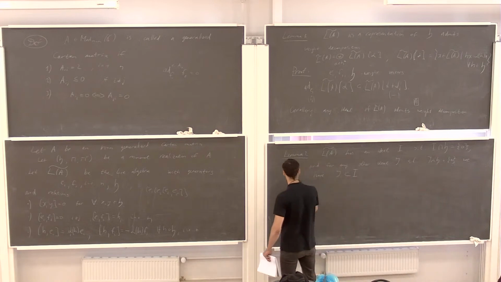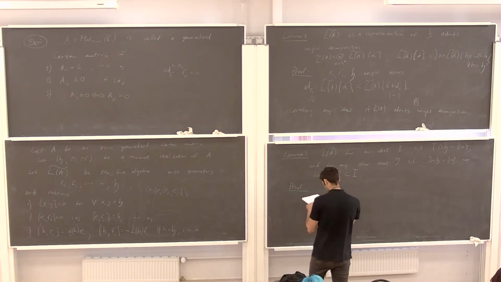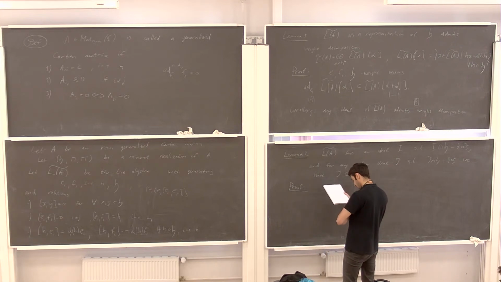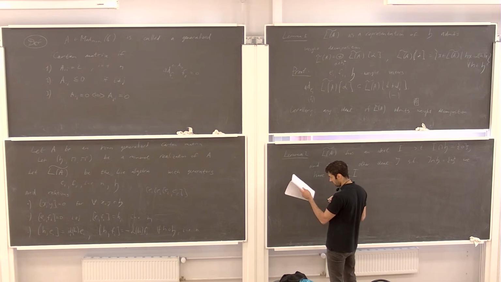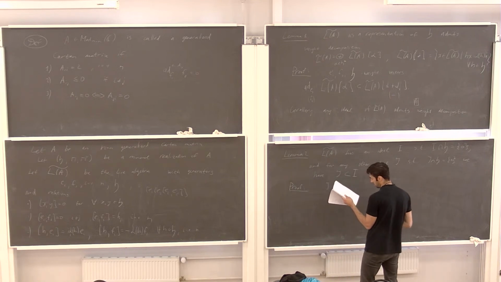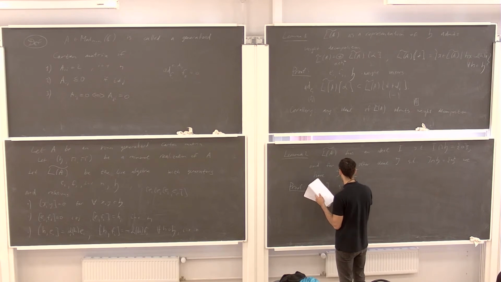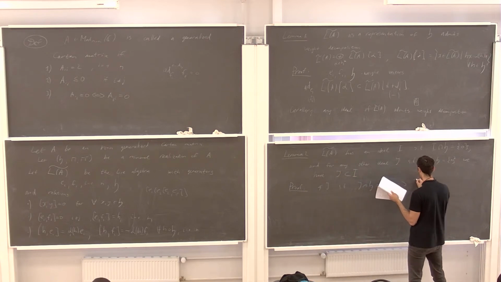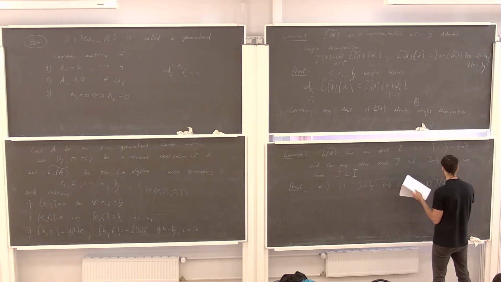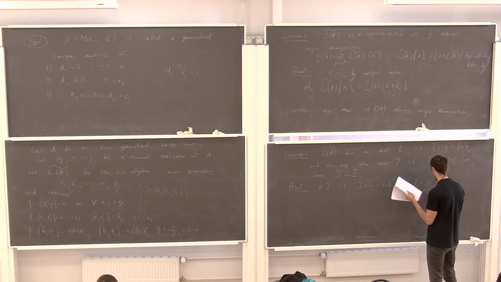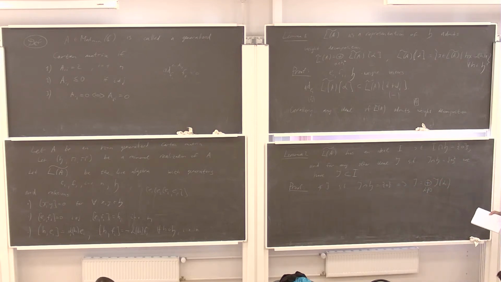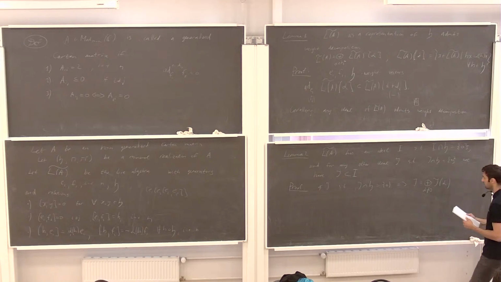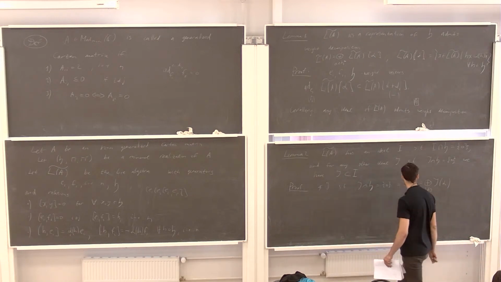Proof. Again, this technique we already saw a couple of times. So let me take J, such that J intersect H is trivial. Then it admits weight decomposition, and here alpha is not 0. Is that clear?